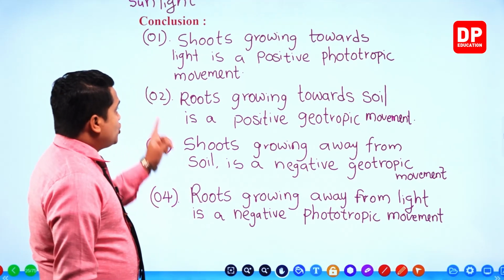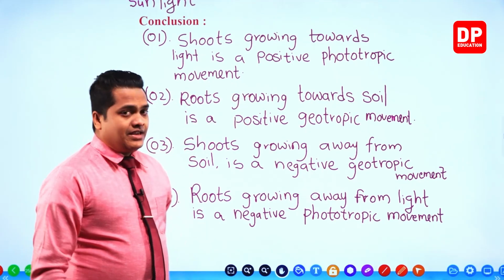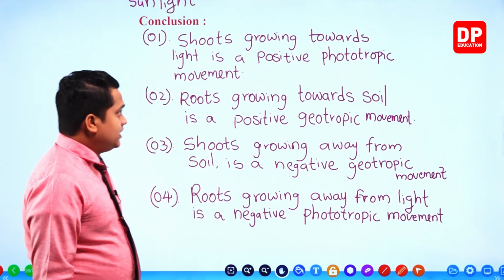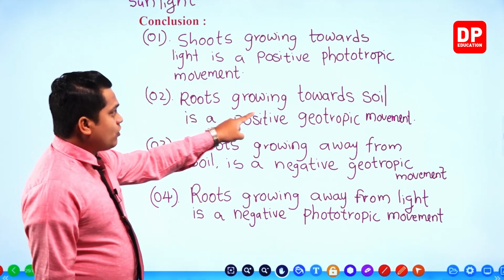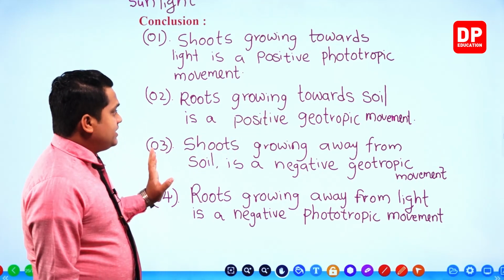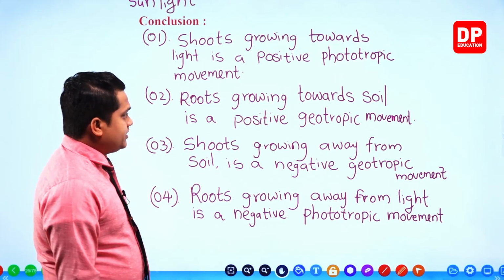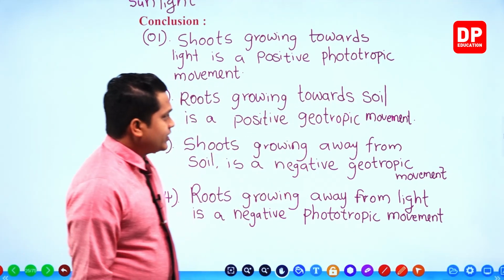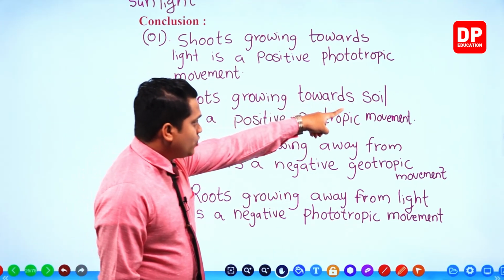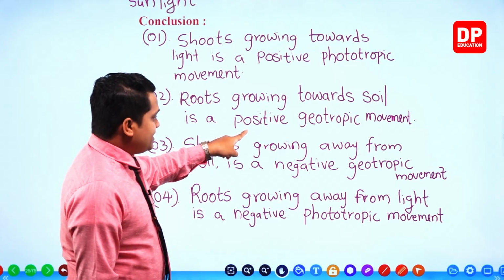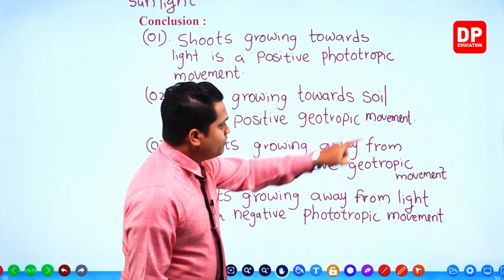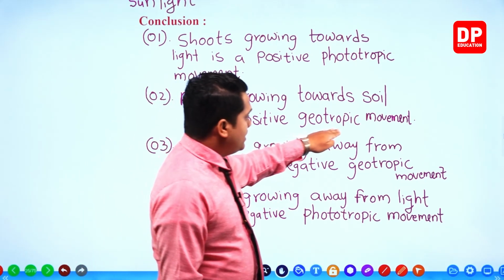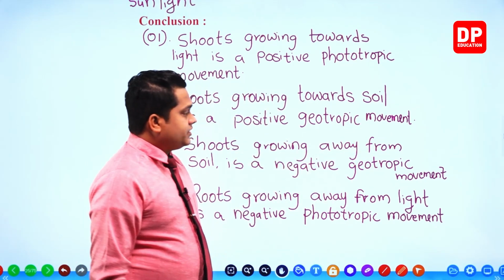Then, roots growing towards soil is a positive geotrophic movement. Roots which are growing towards soil, right? To the ground, it's going to occur. So it is a positive geotrophic movement.